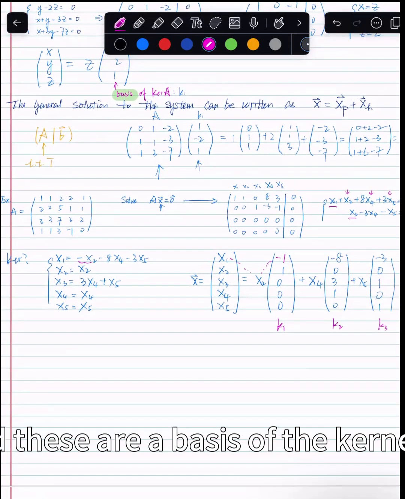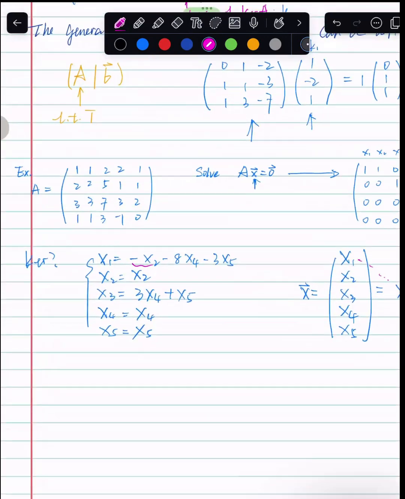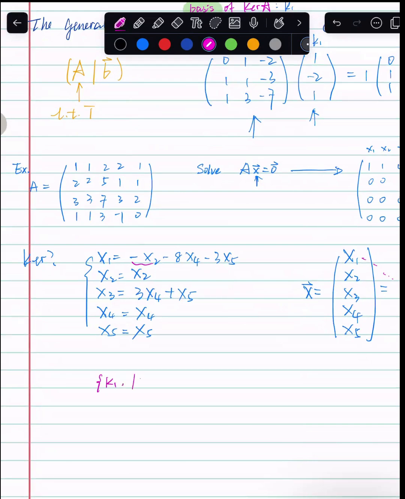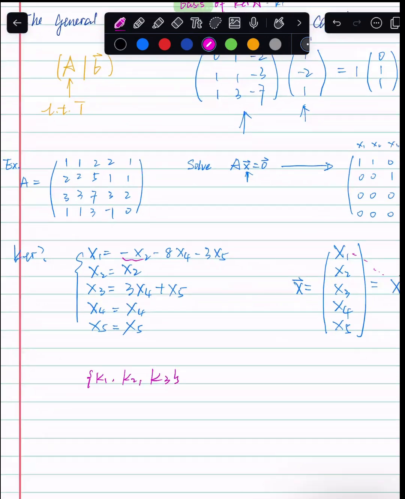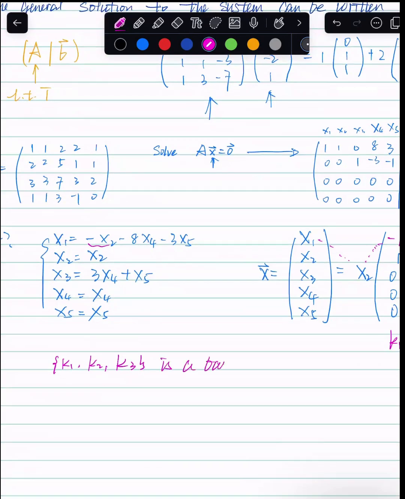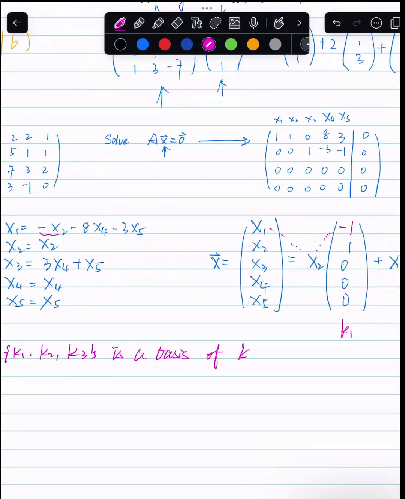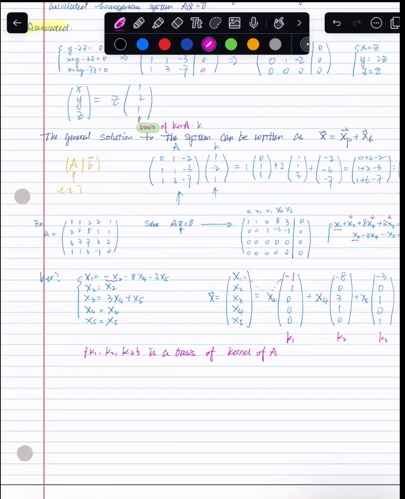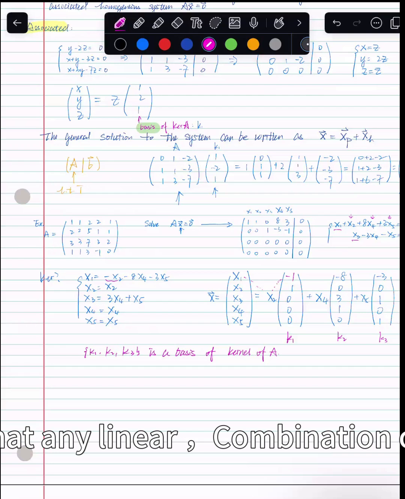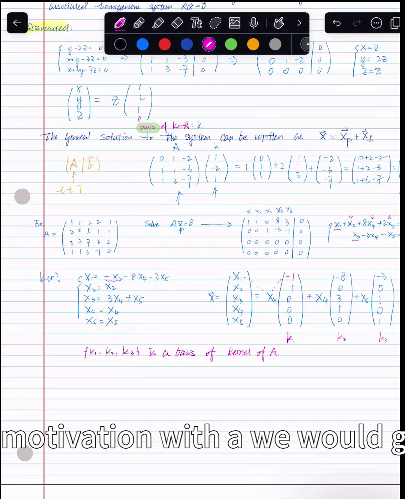And these are a basis of the kernel of A. It means that any linear combination of these 3 vectors, after multiplication with A, would give us the zero vector.